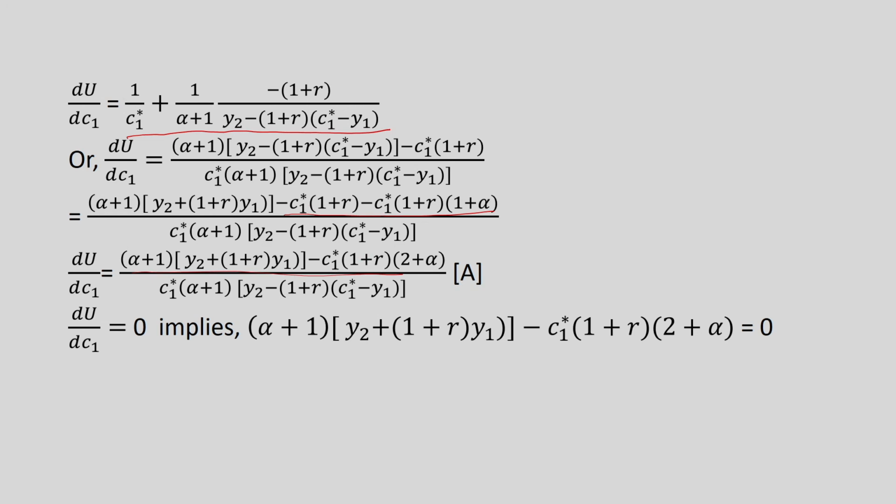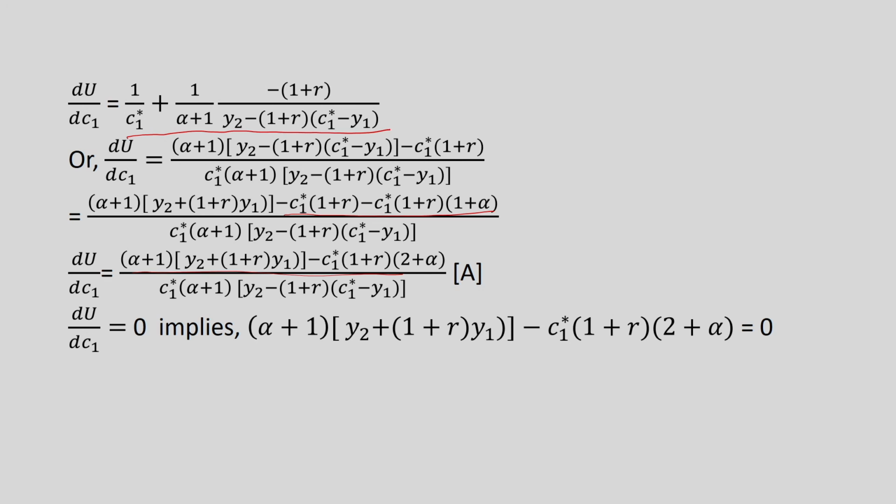So, it becomes (alpha plus 1) multiplied by y2 plus (1 plus r) multiplied by y1, whole thing minus C1 star multiplied by (1 plus r) multiplied by (2 plus alpha), and the denominator is C1 star multiplied by (alpha plus 1) multiplied by y2 minus (1 plus r) multiplied by (C1 star minus y1).